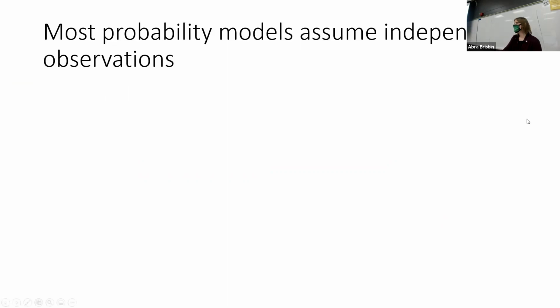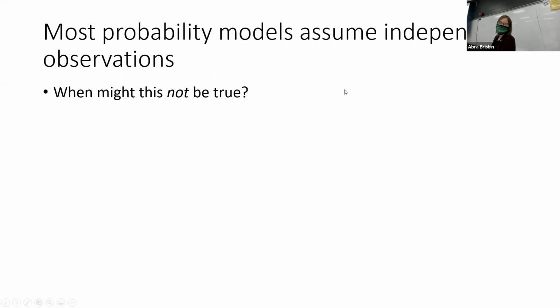So this is very common when we're computing probability theory-based p-values: most models that we would use to compute a p-value assume independent observations. Can anybody think of an example when this wouldn't be true?